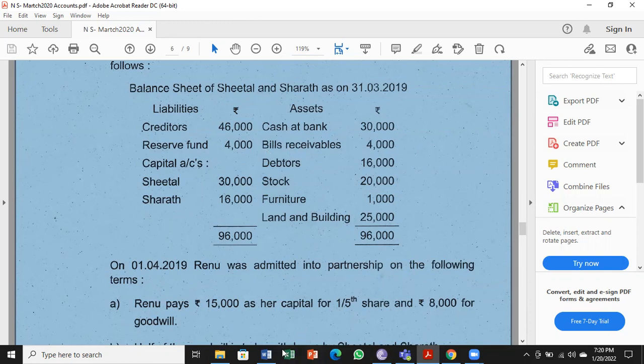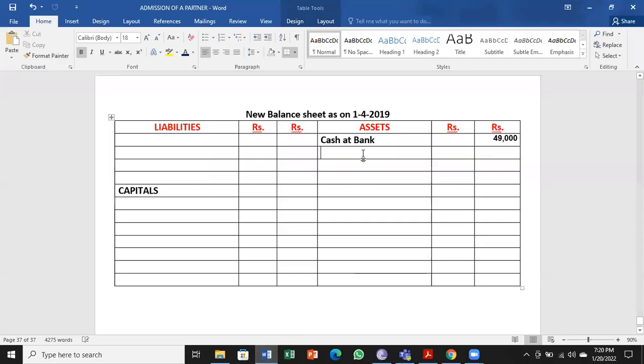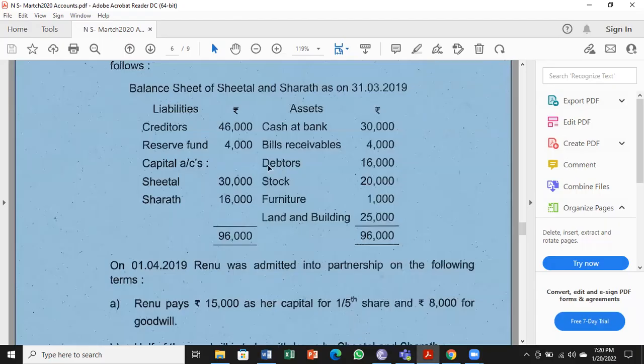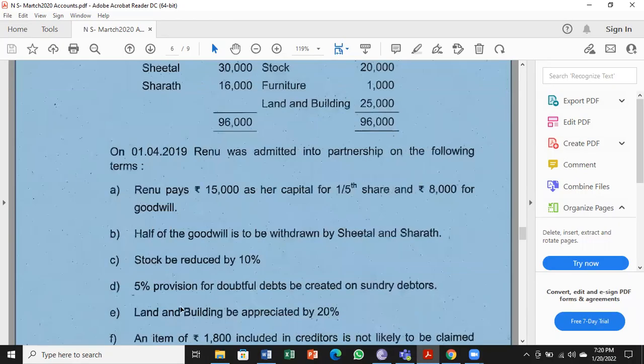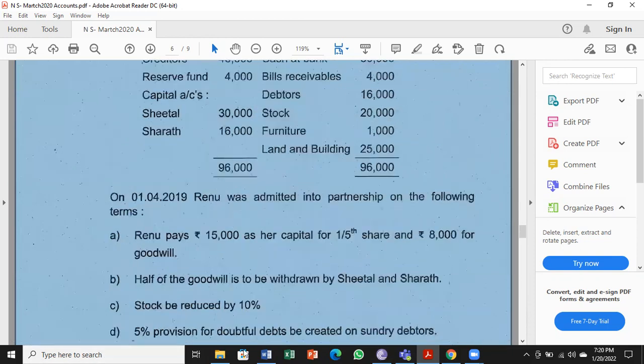Next is bills receivable, 4,000. No adjustment, so outer column. Next, debtors 16,000, but we have an adjustment for debtors, 5% provision.